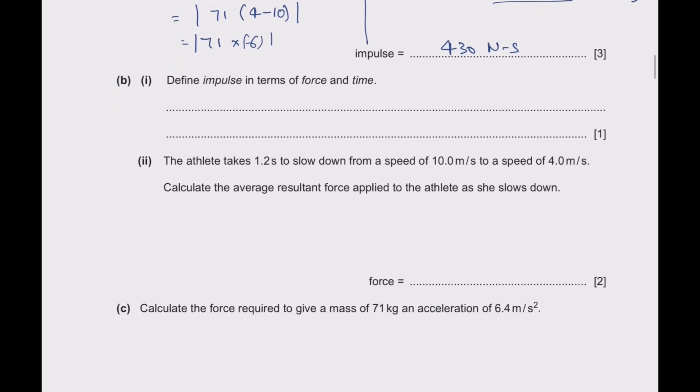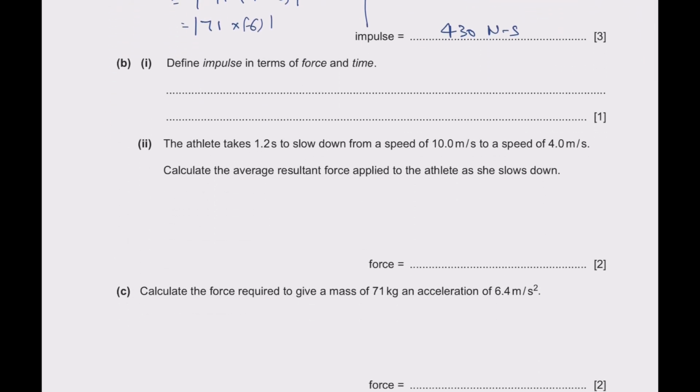Now define impulse in terms of force and time. Yes, impulse is defined in terms of force and time as the product of force and time, that is, impulse is equal to force into time.